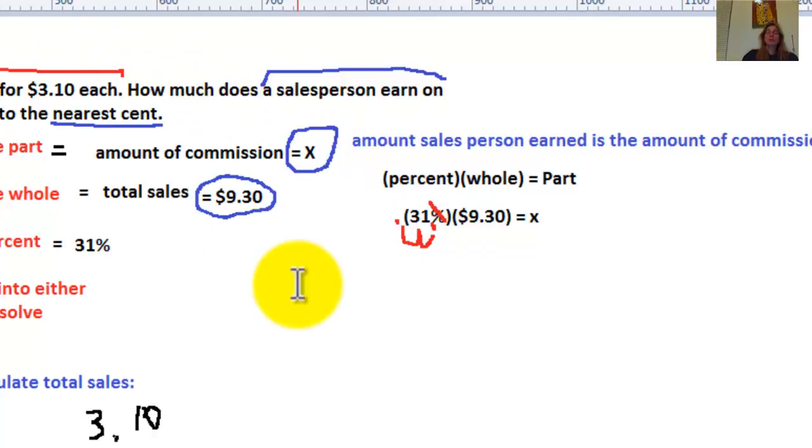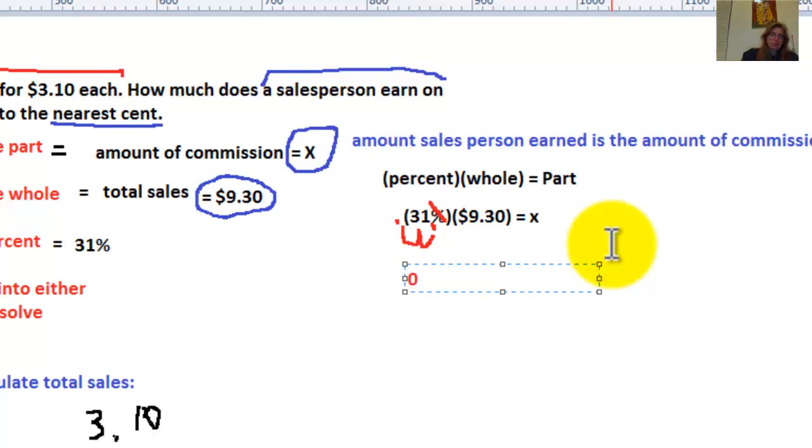What you're doing when you do that is dividing by 100. So the percent becomes 0.31, and that is multiplied by $9.30, because you cannot multiply a percent times a number. You have to change it to a decimal.